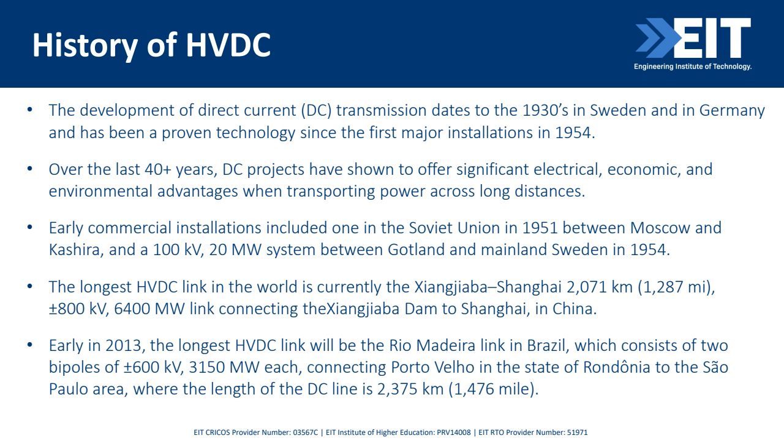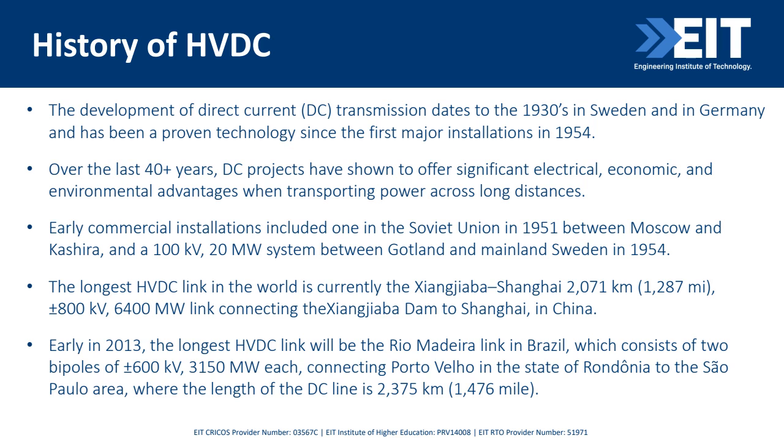The longest HVDC link in the world is currently in China, linking Xiangjiba to Shanghai. That's a more than 2,000 kilometer line, and it is working at around 800 kilovolts. It delivers more than 6 gigawatts of power.